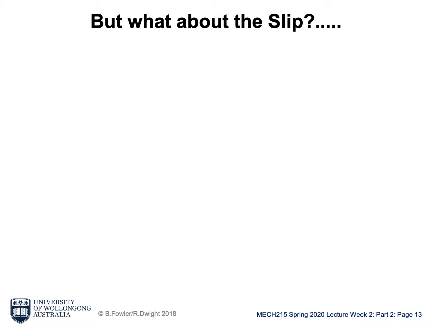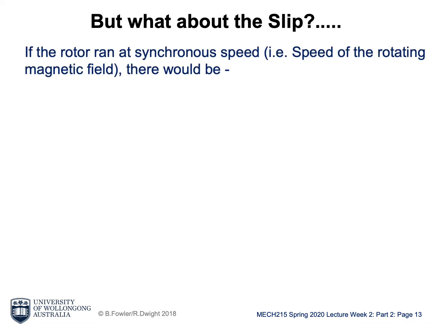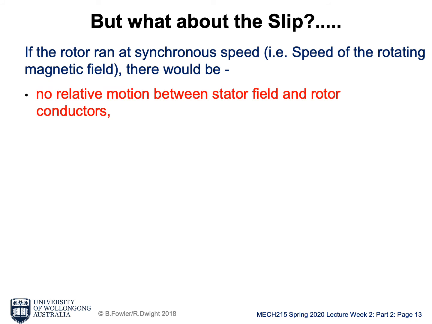But what about slip? Slip is a special feature of the AC induction motor. When we talk about a DC motor, there's no relevant terminology for it. If the rotor runs at the synchronous speed, the same speed as the rotating magnetic field, then there's no relative motion between the stator field and the rotor conductor.